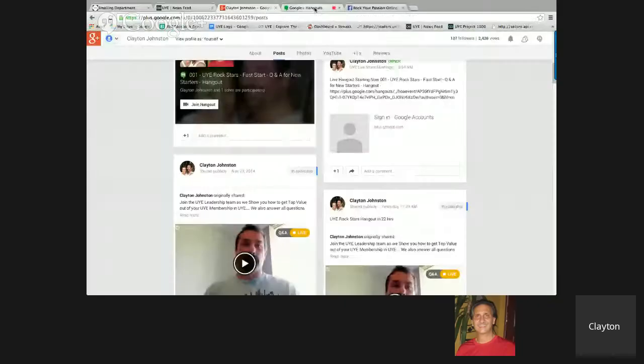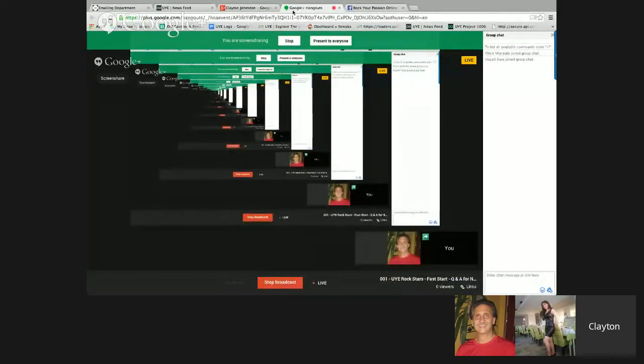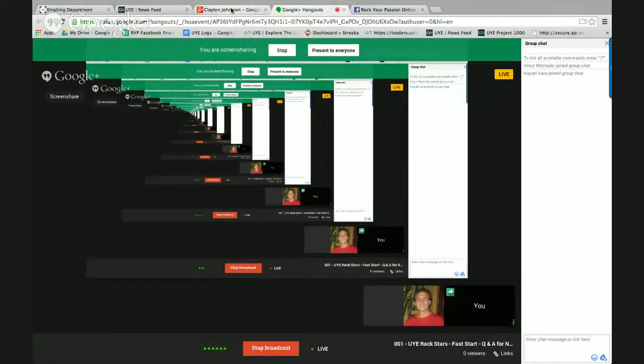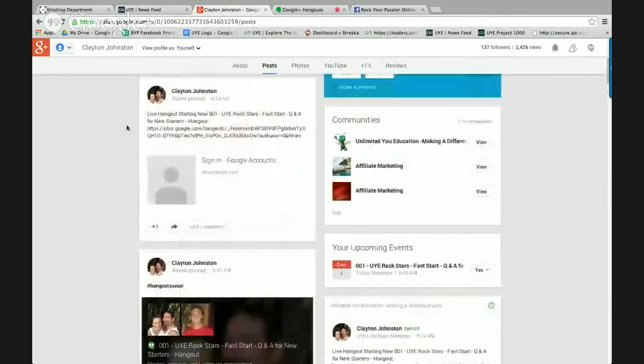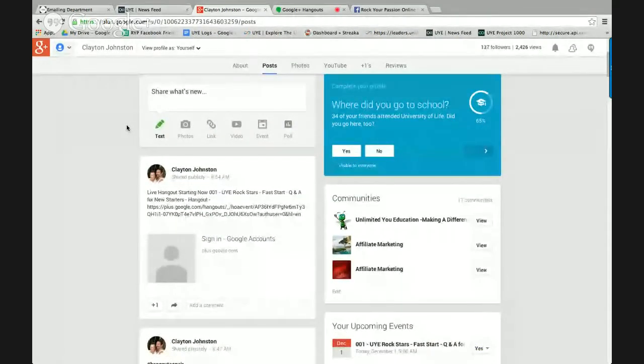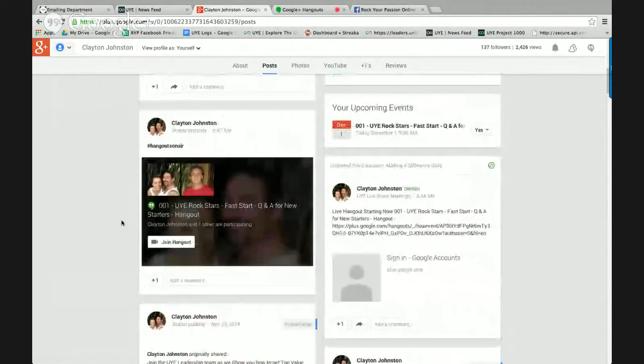Yeah, then it creates a link. As soon as you say start broadcast, it creates a link. It would be lovely if it was all the same link all the way. But it brings them to the events page anyway, the previous one, and then they can get going from there.